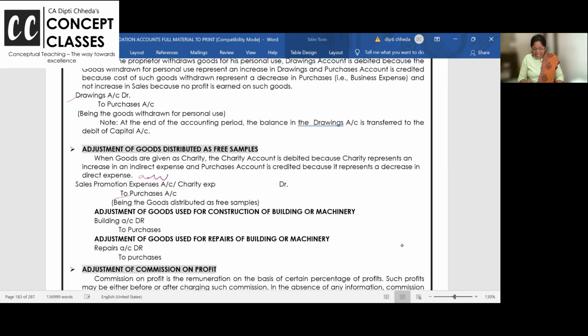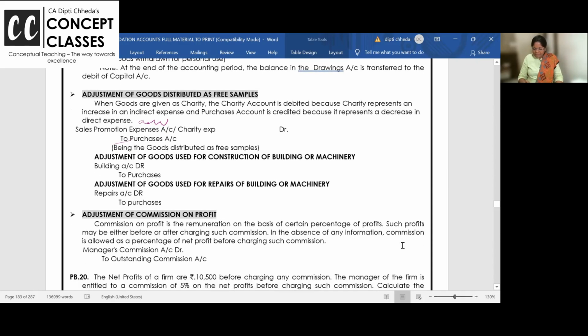Now you are bifurcating into personal and business expense, capital and revenue expense. All this you have to keep in mind. Sometimes adjustment for goods used for construction. Generally, I pay wages to bank. But if I am paying wages related to this machinery or building, account debit, to purchases. Why is purchases credited? Because these goods are going out and they are being used in the building.